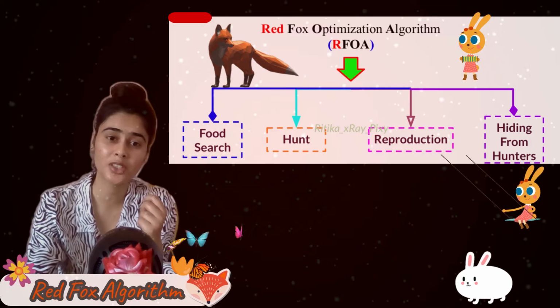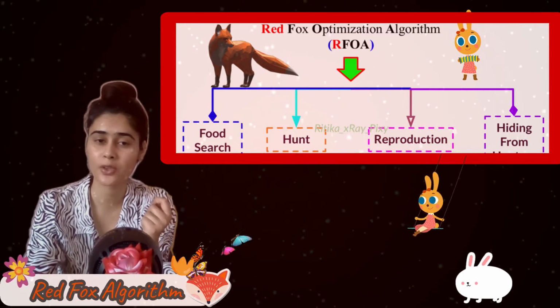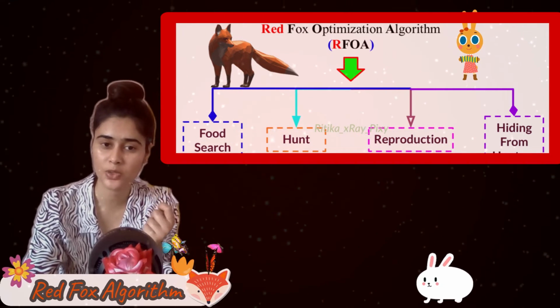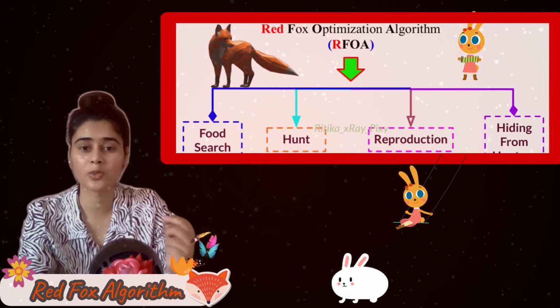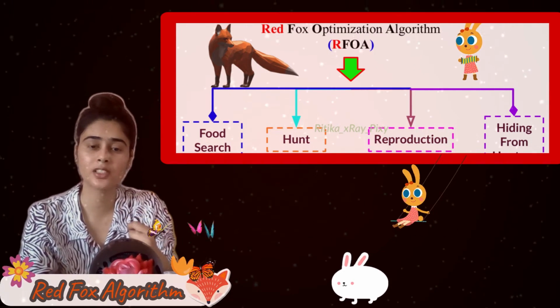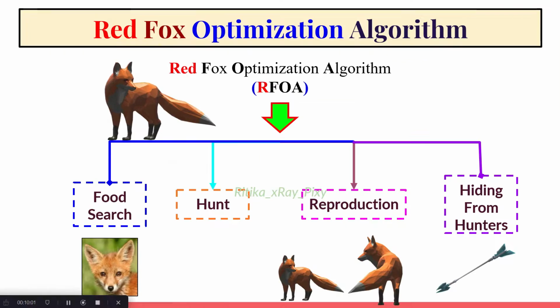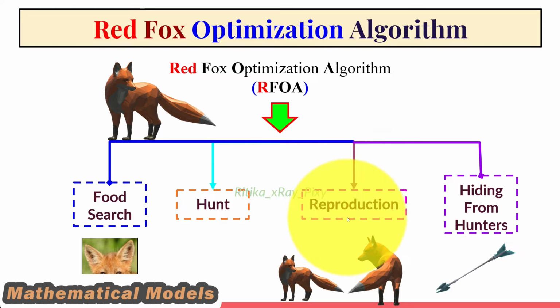So in this algorithm we use different mathematical models inspired by the red foxes' behavior in real life, like how red foxes search for the food, how they hunt, reproduction. This algorithm simulates these different mathematical models to find the optimal solution for any optimization problem, like their food search, how they search for the food in real life, how they hunt for the prey, reproduction, and how they hide from the hunter.